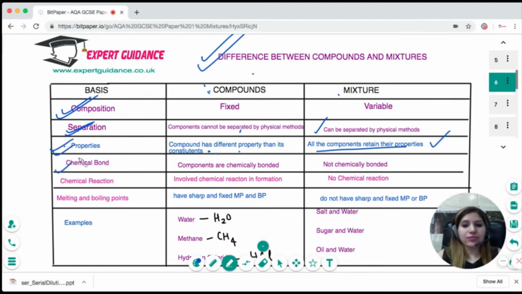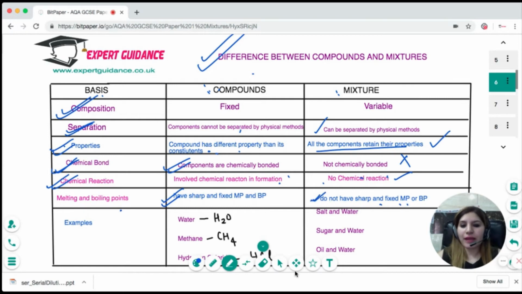Next is the presence of chemical bonds. In compounds, the components are chemically bonded, but they are not bonded in a mixture. A chemical reaction takes place in the formation of a compound, but no chemical reaction takes place in the formation of mixtures. In terms of melting and boiling points, compounds have sharp and fixed melting and boiling points, whereas mixtures do not have fixed melting and boiling points.